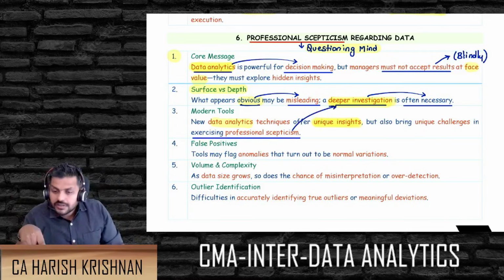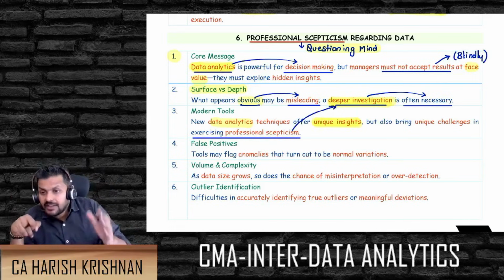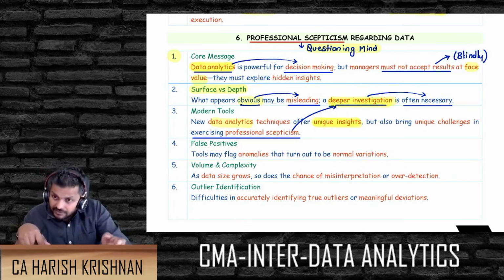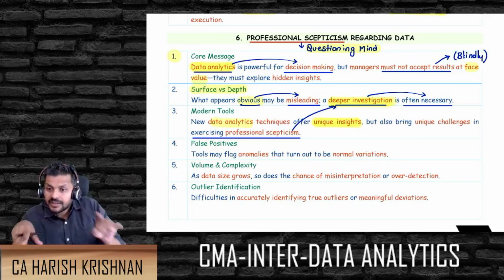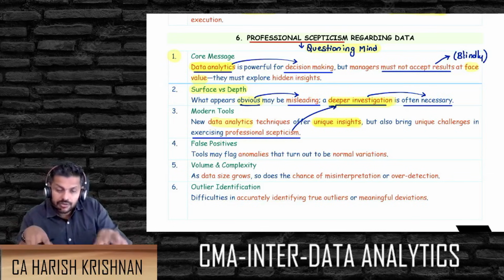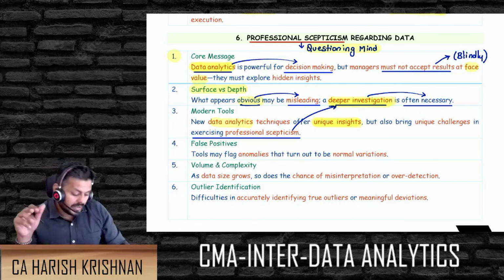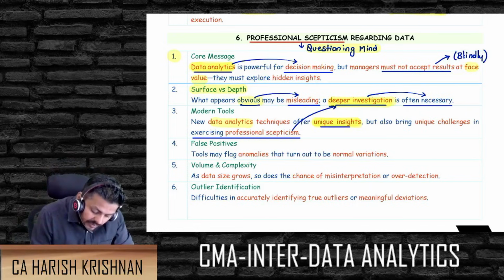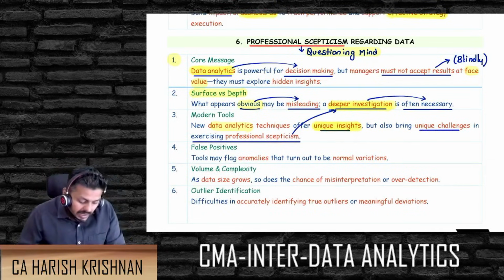In audit also it says to have a questioning mind, don't blindly believe whatever you see, always gather evidence and then believe. But it doesn't use the word investigation. Here it says deeply investigate. So the skepticism concept used in audit versus here, there's a slight difference. So don't confuse yourself. Okay. So new data analytic techniques offer unique insights, but they also bring up unique challenges in exercising professional skepticism.